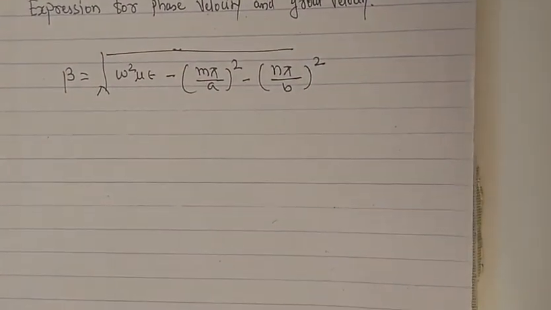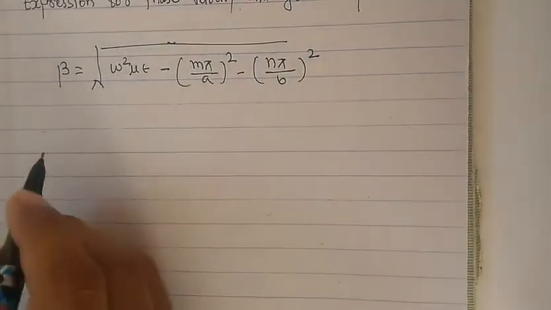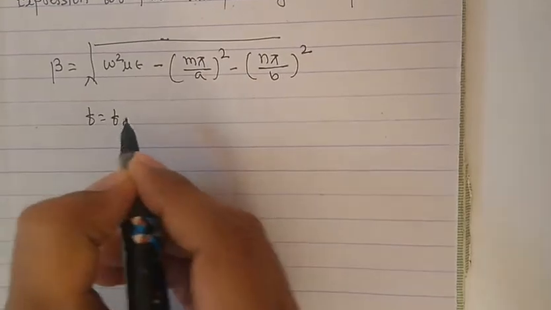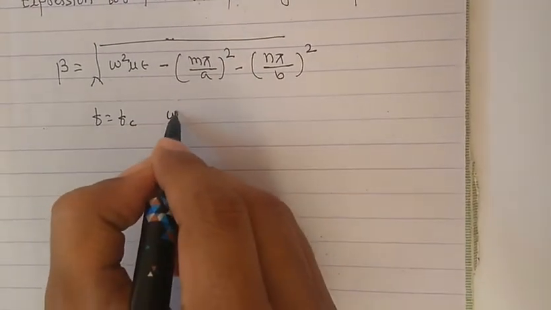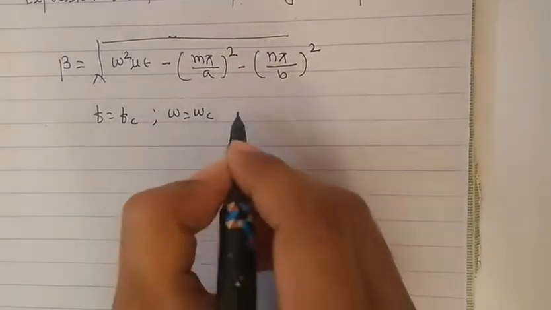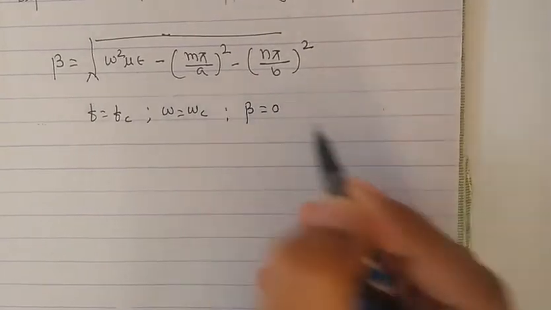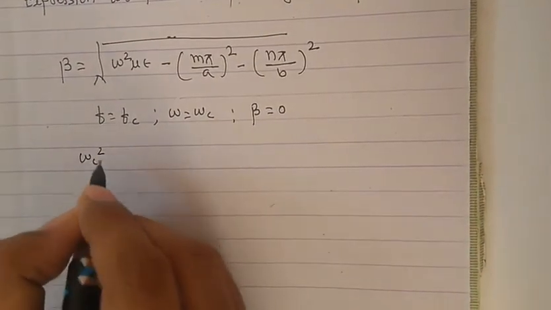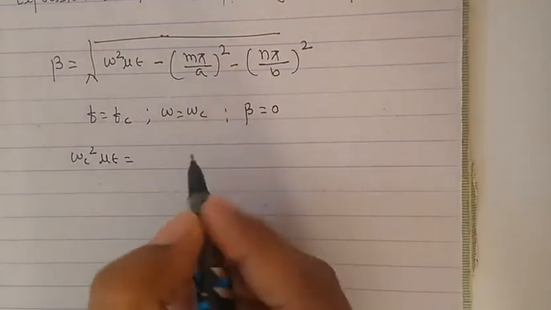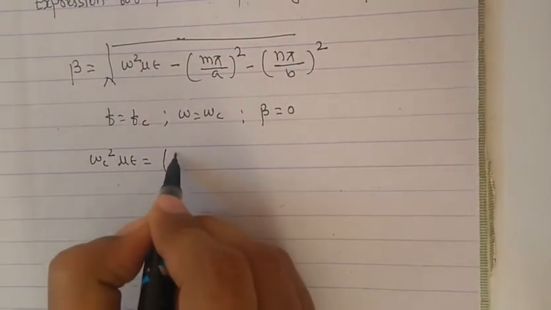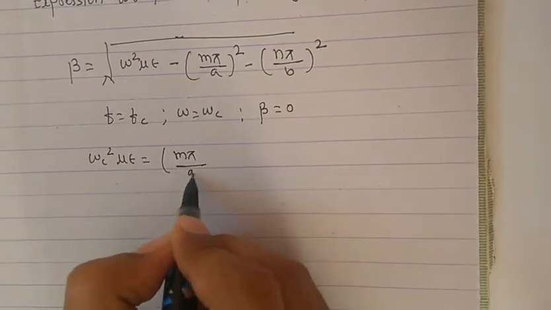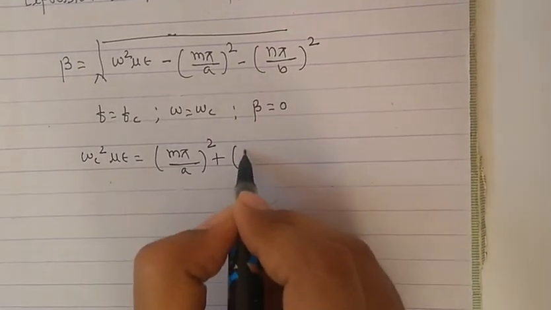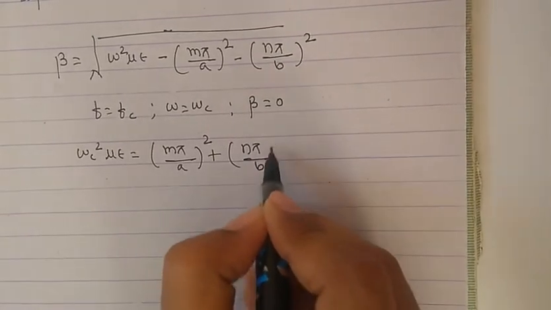From this, at the cutoff frequency, that is f is equal to fc, or omega is equal to omega c, we know that at cutoff beta is equal to 0. So omega c square mu epsilon is equal to (m pi by a) square plus (n pi by b) square.